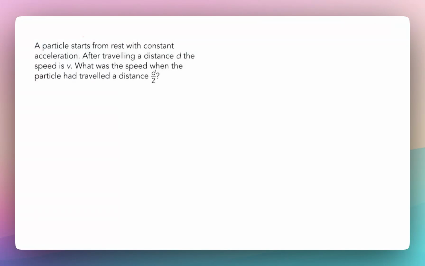The question says the particle starts from rest with constant acceleration. So let's say that acceleration is a. After traveling a distance d, it is starting from rest. Because the motion is of constant acceleration, we write our usual u, v, s, a, t. Starting from rest means u is equal to 0.